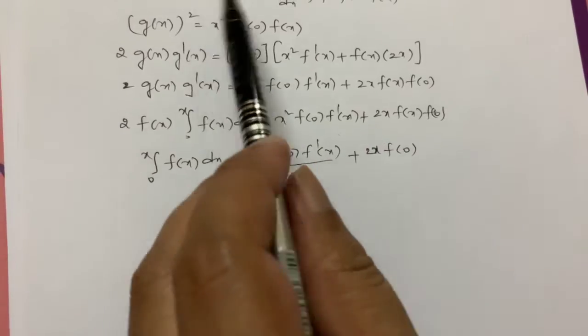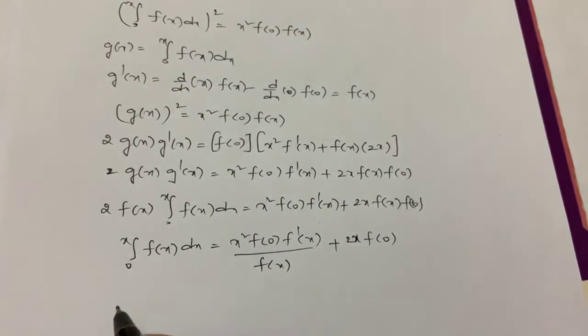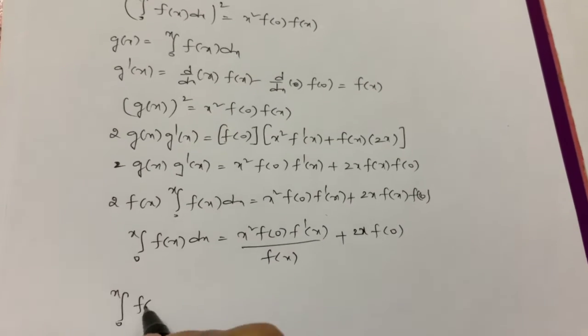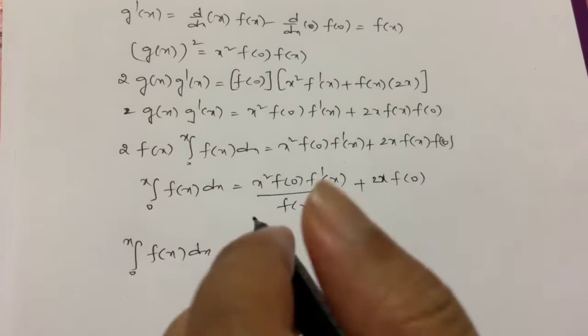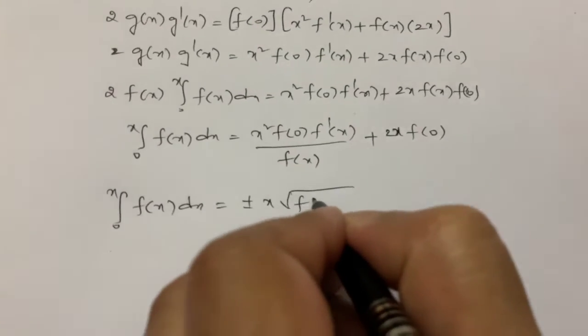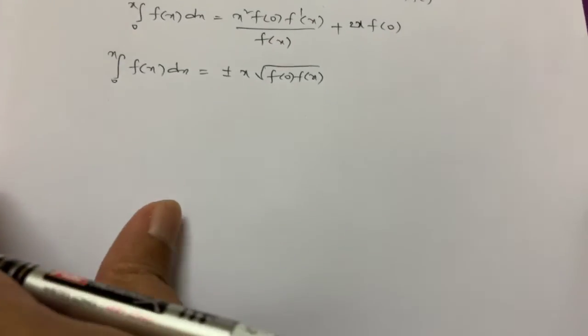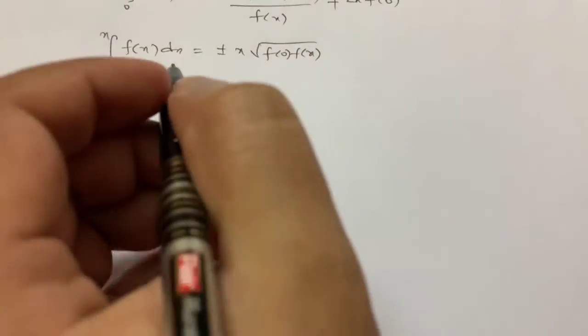So if I see the first equation, ∫₀ˣ f(x) dx will give me plus or minus x into root f(0) into root f(x), right?